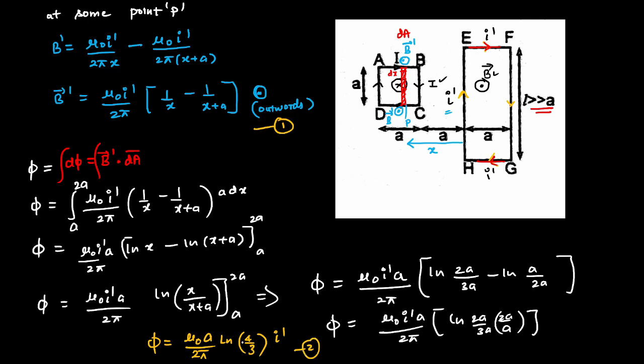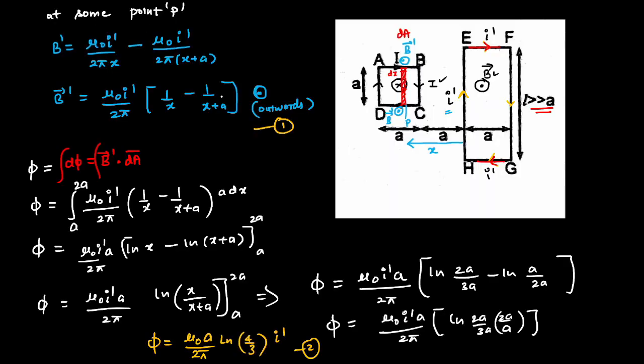Now using our second equation, we can say that flux will be equal to mutual inductance times the current in the neighboring coil. Suppose this is the flux in the first coil, which is the ABCD coil, and that is happening because of the current variation in the second coil. I dash is the current in the secondary coil, EFGH.